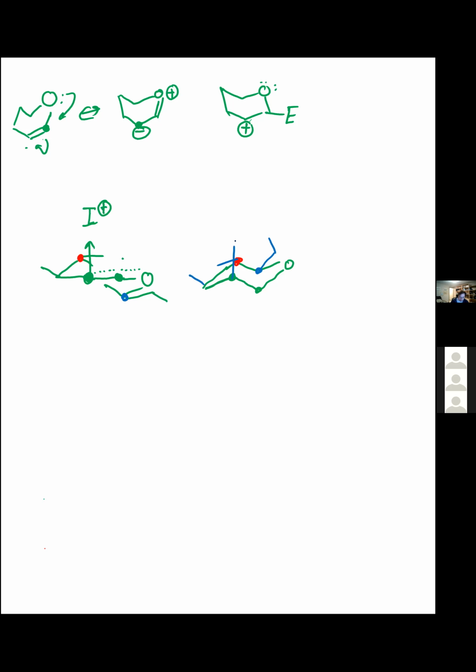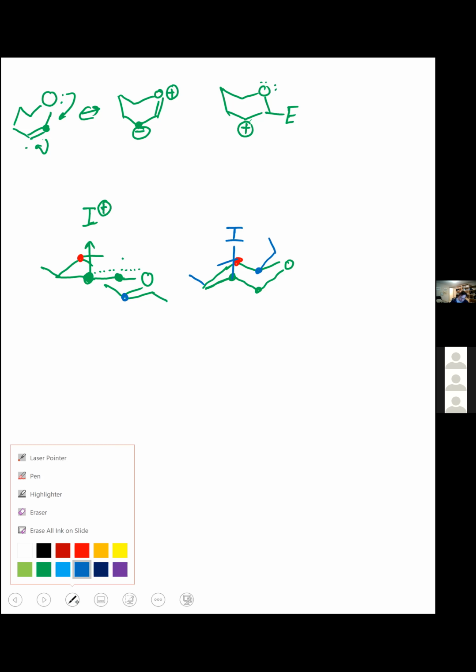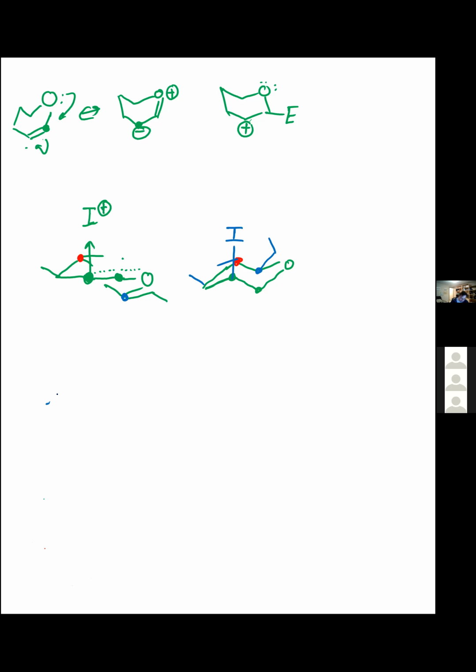To that. And then that's where the iodide is attached. Whereas if the iodide attacks from the bottom face, this guy gets pulled down towards the iodide.